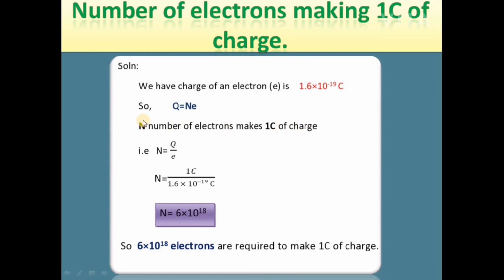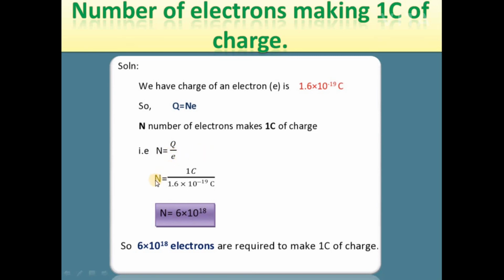We do not know how many, so we consider N number of electrons makes 1 coulomb of charge. So, Q is equal to N e. From this equation, N is equal to Q divided by e.